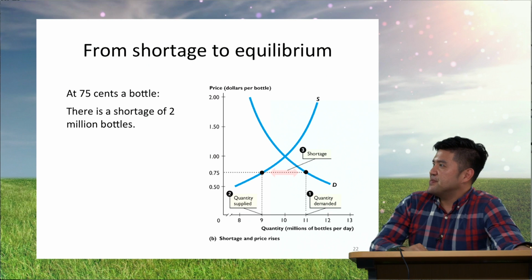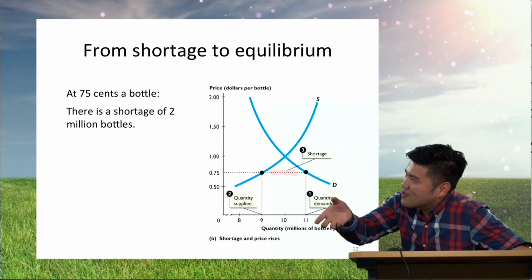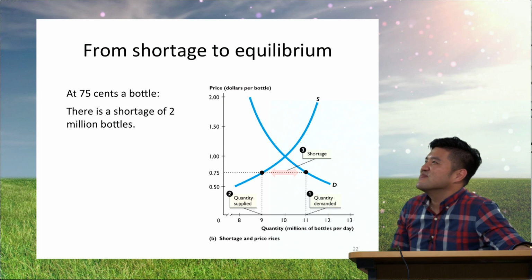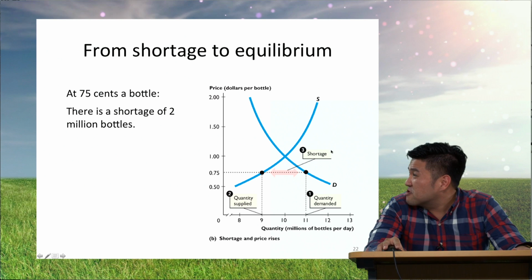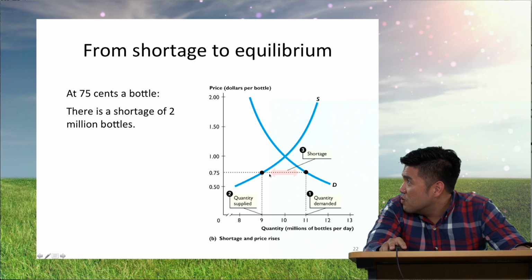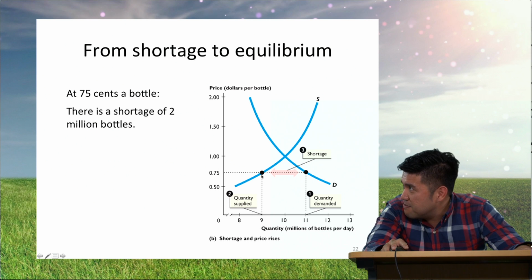How about this, guys? I'm just going to talk about the other side of the coin. All right? At 70 cents a bottle, the price is too cheap. Ooh, consumers are wanting that many quantity, 11. Price is cheap. But suppliers are not too happy about that.